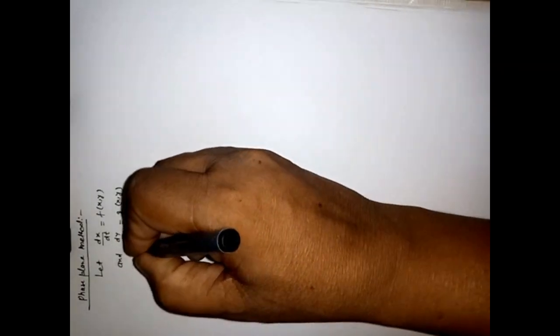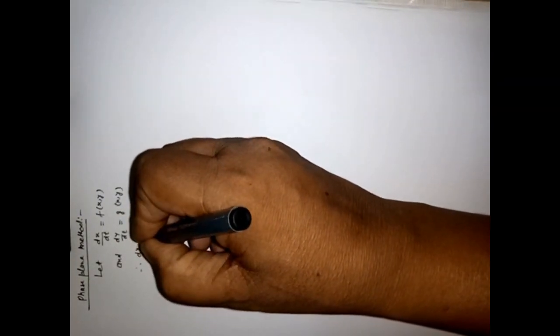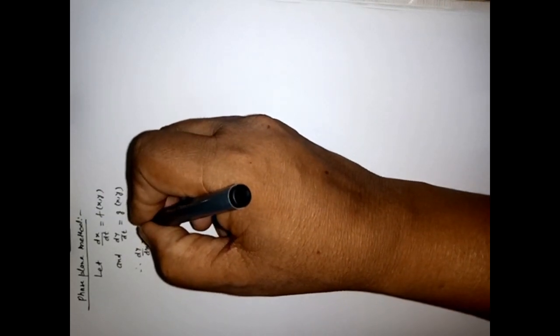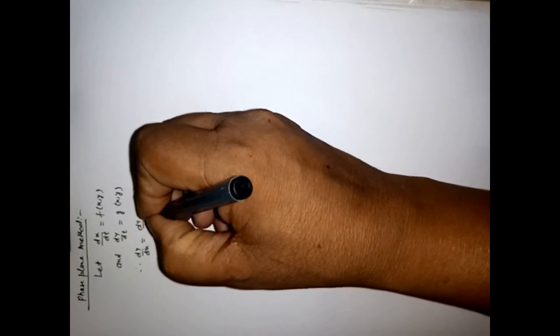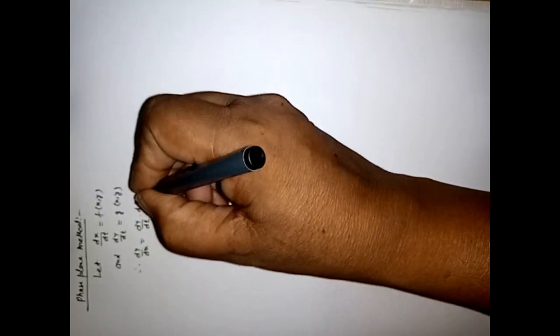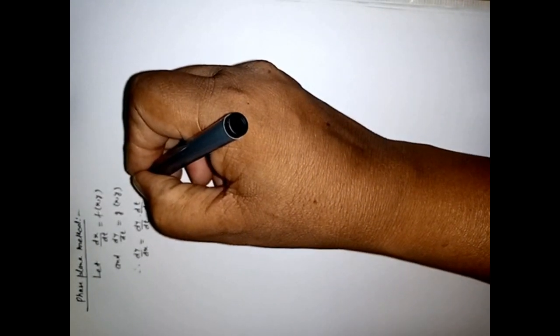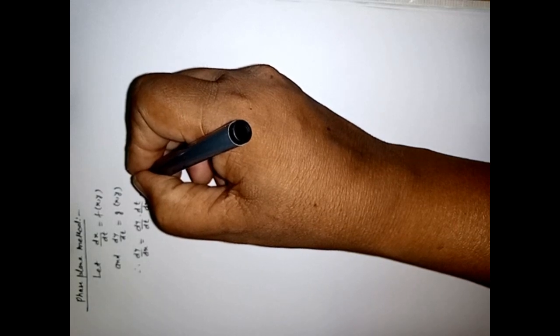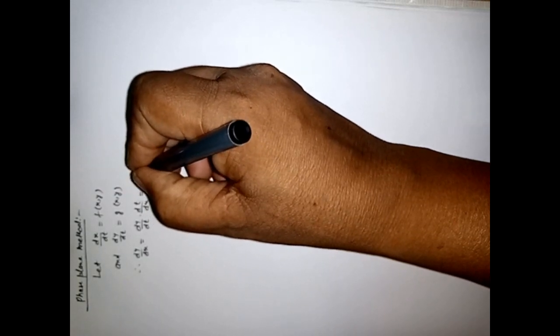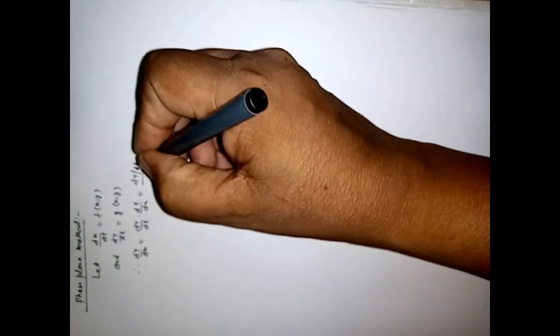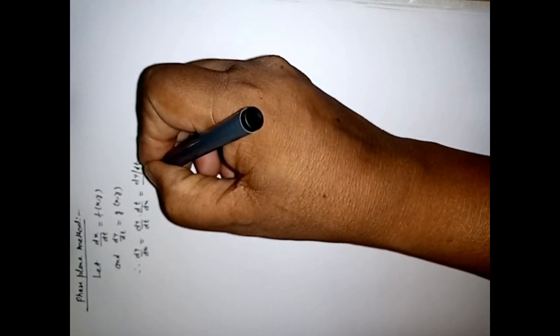Therefore dy by dx may be written as dy by dt into dt by dx. This is dy by dt upon dx by dt.